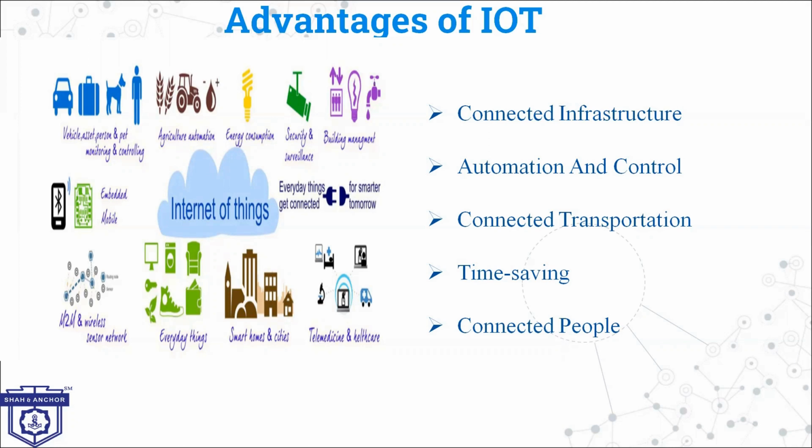IoT saves a lot of time by automating tasks which are otherwise very time consuming. IoT applications provide a personal assistant who can alarm on everyday plans. Next is connected people. IoT is connecting people to work, home and health smartly, so productivity and efficiency can be increased.